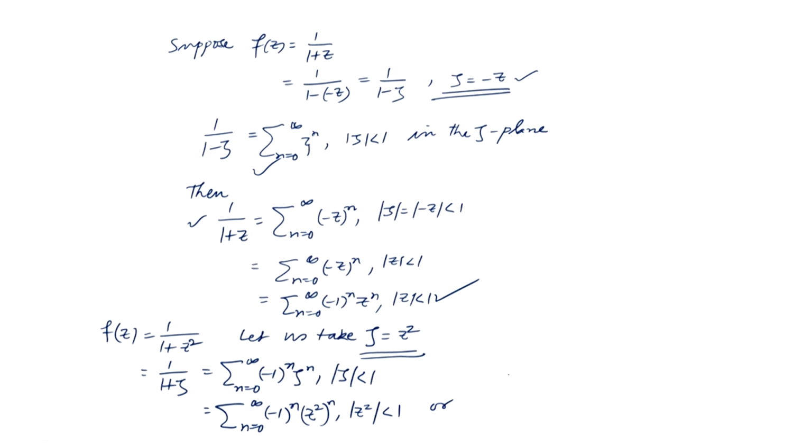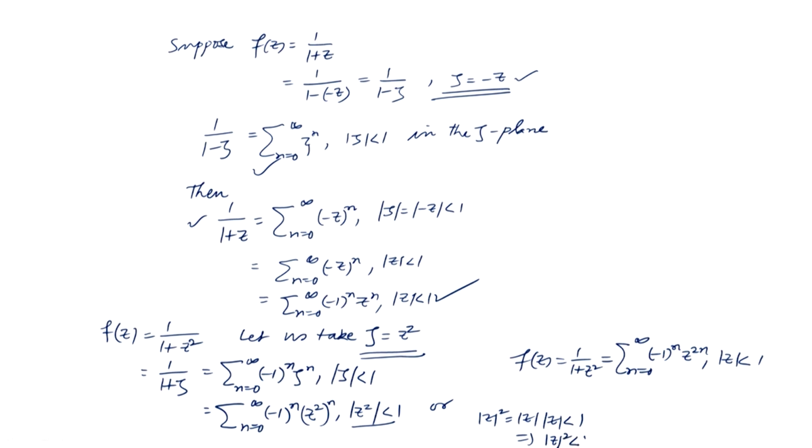Or we can say f(z) equal to 1 over 1 plus z square is given by sigma n equal to 0 to infinity (-1)^n z^(2n), and |z| < 1, because |z^2| < 1 means |z^2| equal to |z| times |z| < 1, which implies that |z| is less than 1.